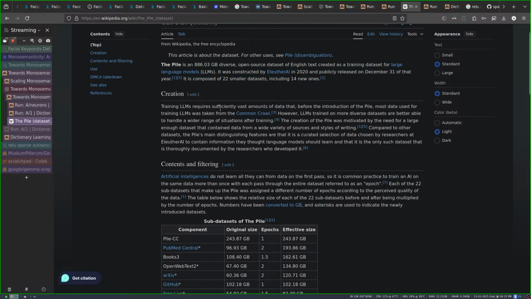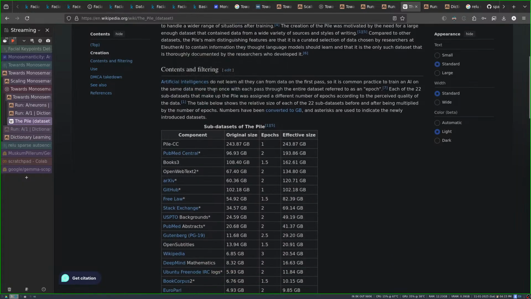Comment practice on the same data model. Each generator and different number of epochs according to the perceived quality of the data. The table below shows the relative size.